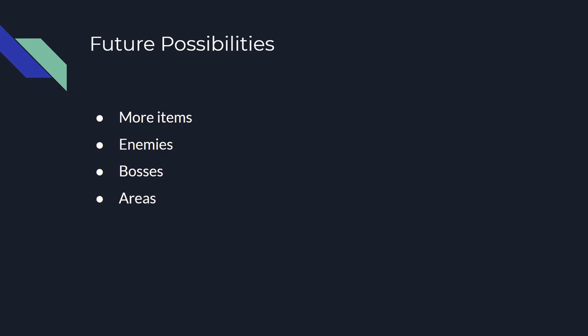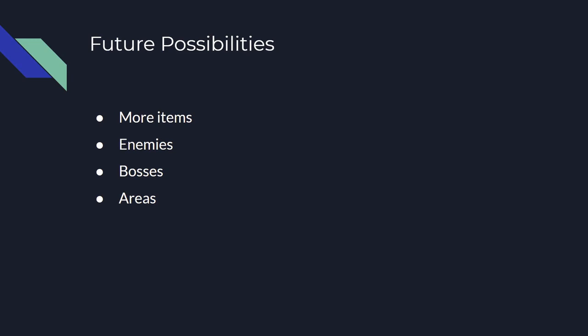And then for future possibilities, obviously more is better for most cases in the game. So adding more items, something that we would like to implement later, if possible, would be a magic attack where the player shoots a fireball, with a certain amount of magical usage.